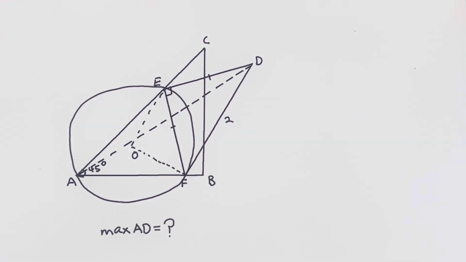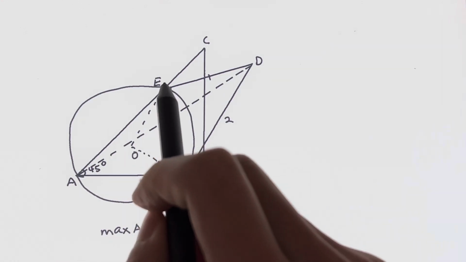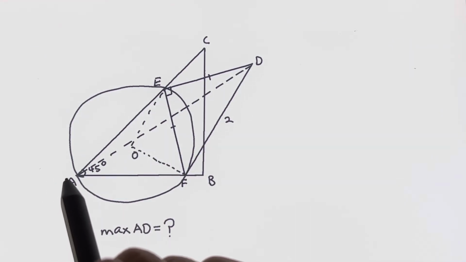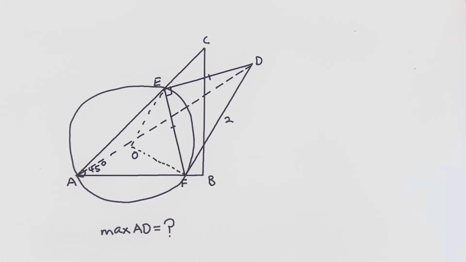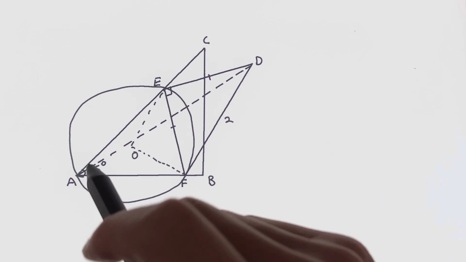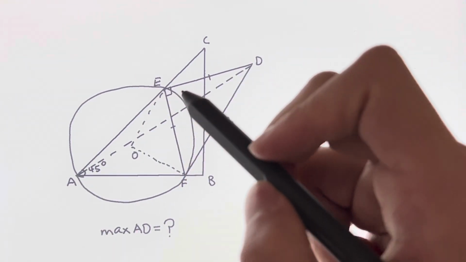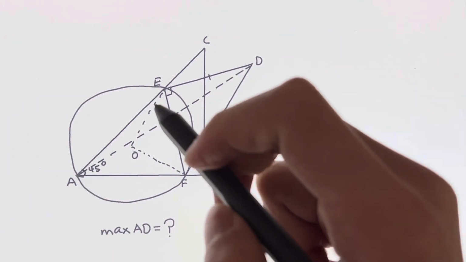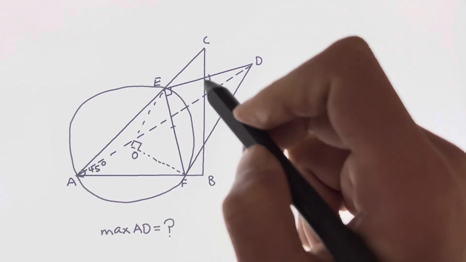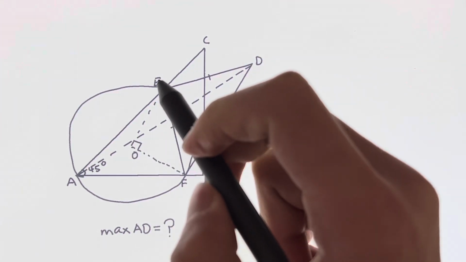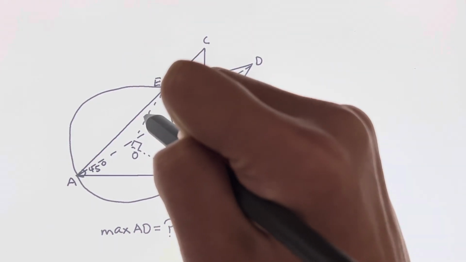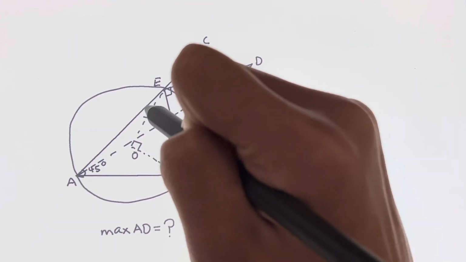Notice that since we have angle EAF equals 45 degrees, by the inscribed angle theorem, the central angle, in this case angle EOF, is twice the inscribed angle. So angle EOF is twice 45 degrees, which is the right angle, 90 degrees. Also, notice that OE and OF are both radii, so they're equal.